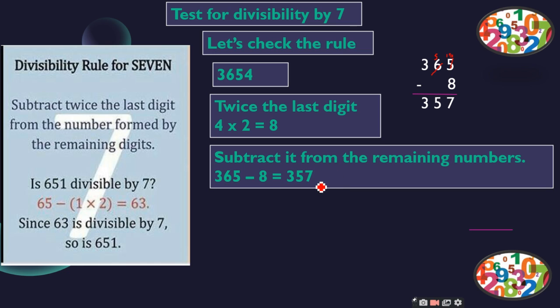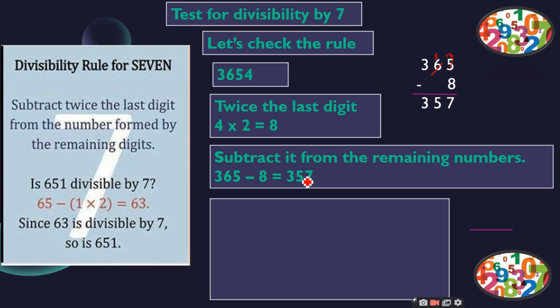Now it is still difficult to find the divisibility for 7, so we will repeat the step again. We have the number 357. Let's take the last digit. The last digit is 7. So twice the last digit, 7 multiplied by 2, is equal to 14. Now we have to subtract this 14 from the remaining digits, and the remaining digits are 35.